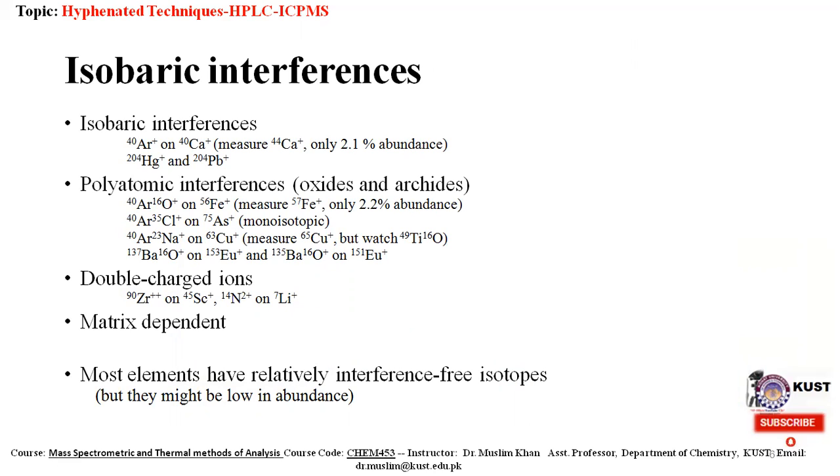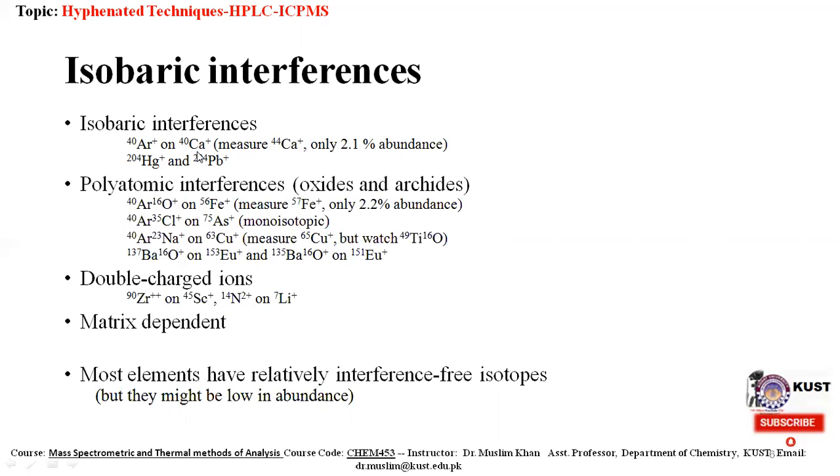Interferences are basically those that affect what you want to measure, your analyte. For example, you are measuring calcium. Calcium is having atomic mass 40. If any other thing having atomic mass 40, like argon, that will interfere.